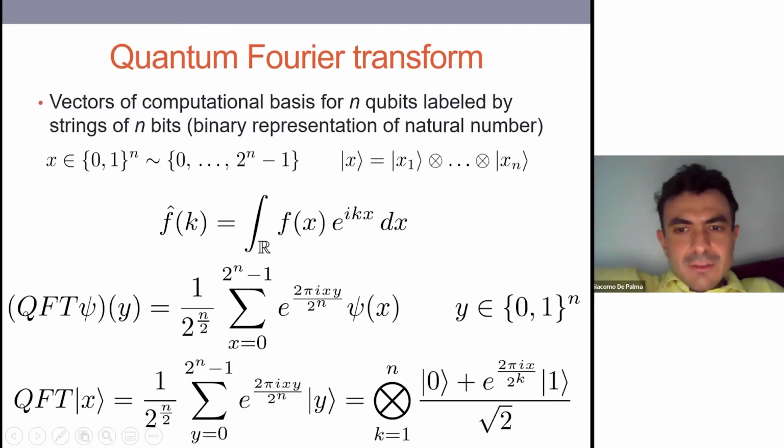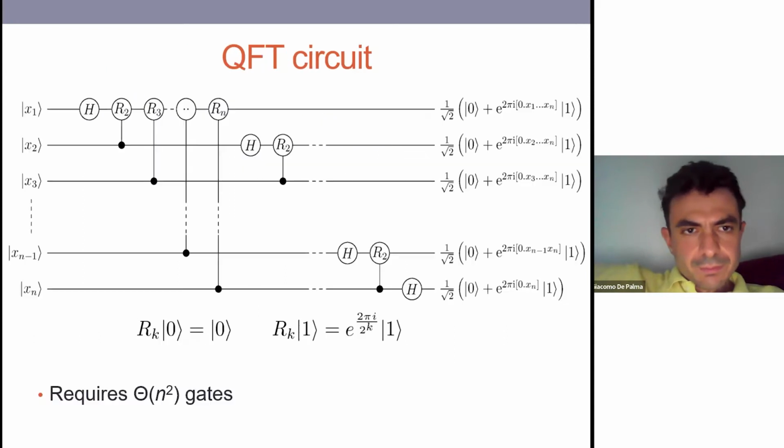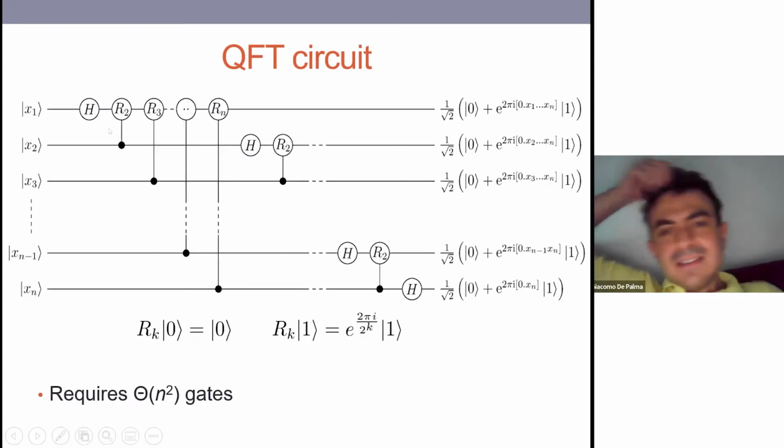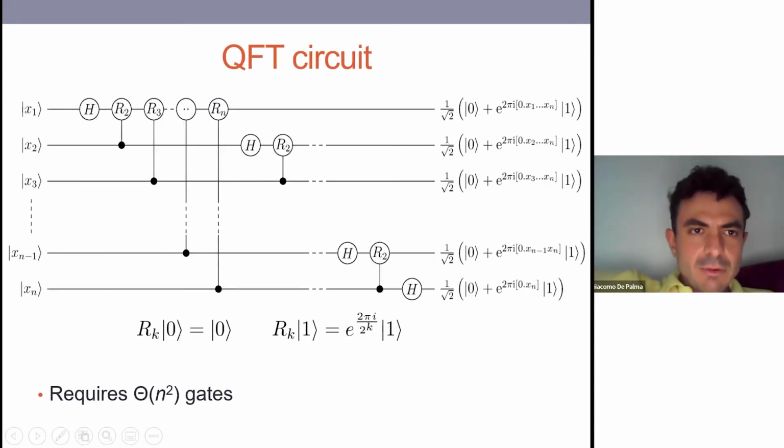Let's go back to see what was the state that we have to build. We have to build this tensor product here. So what happens? Let's see what we are doing with this circuit. First, let's consider the first qubit. What happens to the first qubit?